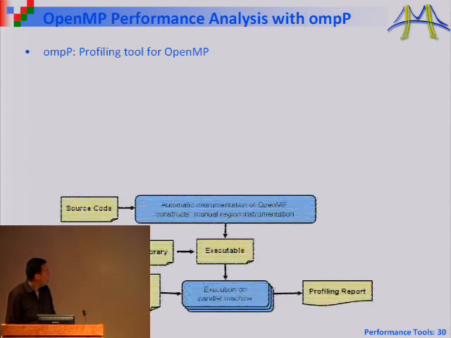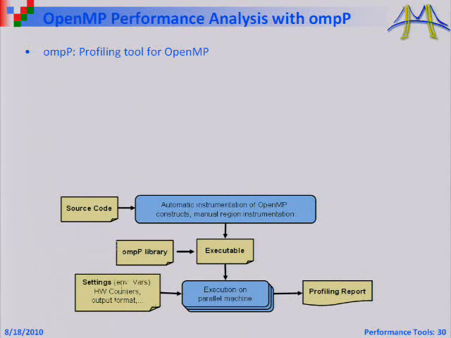How OMPP works is it has to rely on source code instrumentation because, as I mentioned earlier, there is a well-defined interface for MPI, but there is no well-defined performance tools interface for OpenMP. So all you can basically do in a platform-independent way is transform your source code using a preprocessor approach to insert these hooks.